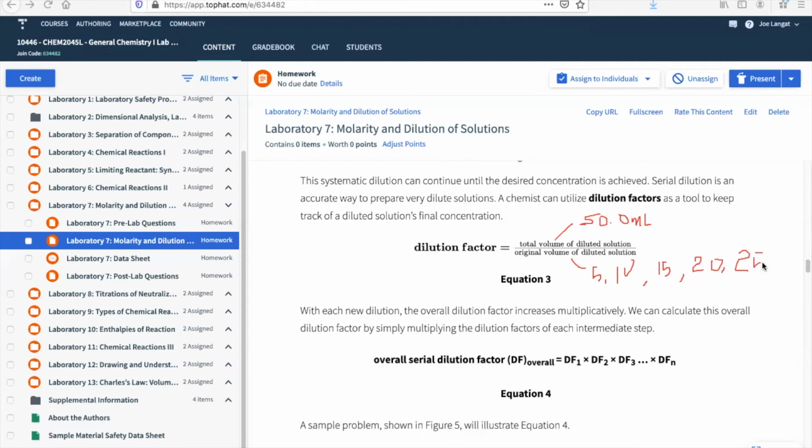This is how to find the dilution factor. It is the total volume. All solutions were diluted to 50 mL, and the original, the stock solution, varied from flask number 1 through flask number 4. So use that equation. Let me clear that before I switch to the data sheet.